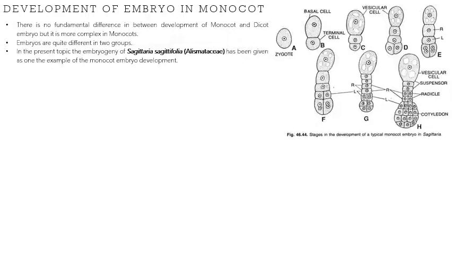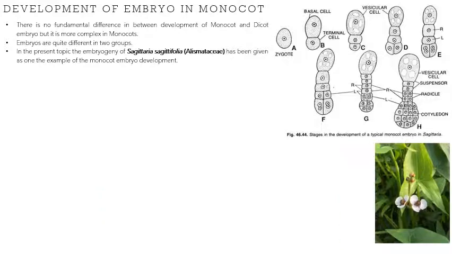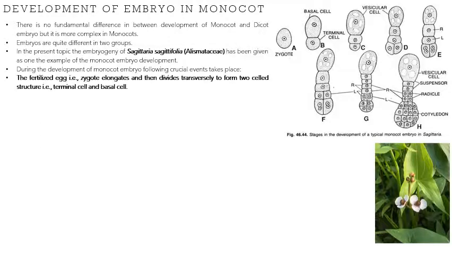In the present topic, the embryogeny of Sagittaria sagittifolia, belonging to the family Alismataceae, has been given as an example of monocot embryo development. During the development of the monocot embryo, the following crucial events take place.